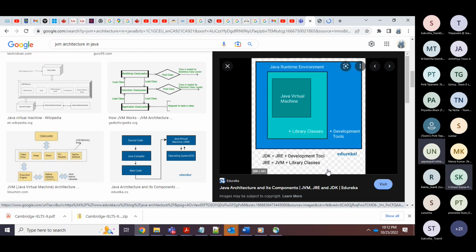In the same way, JDK, Java Development Kit. We have some sort of tools, some sort of things. I will not say tools; I will say some things are there that will be used for development purposes for Java.